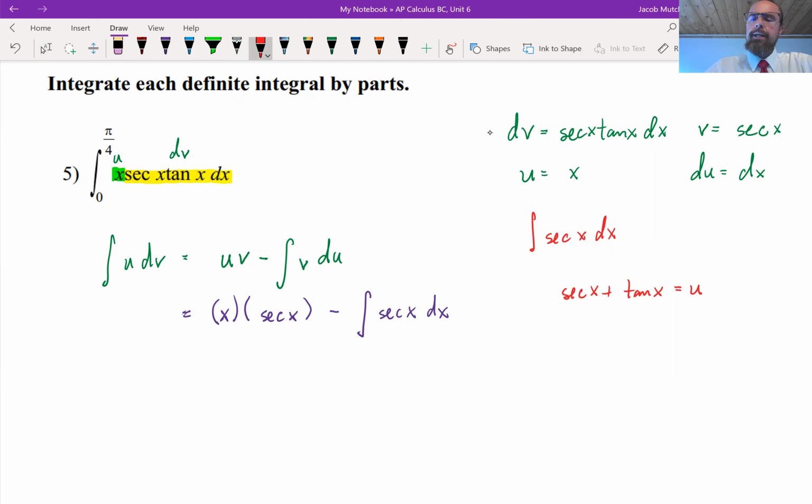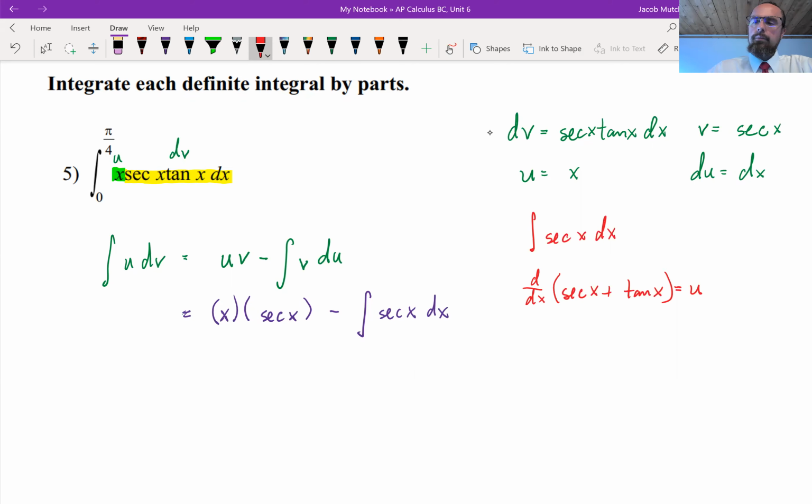Again, I'm creating this in a way from scratch. So that's why I've got this kind of synthetic setup. So I'm assigning u as secant of x plus tangent of x. And I'll take the derivative of both sides.